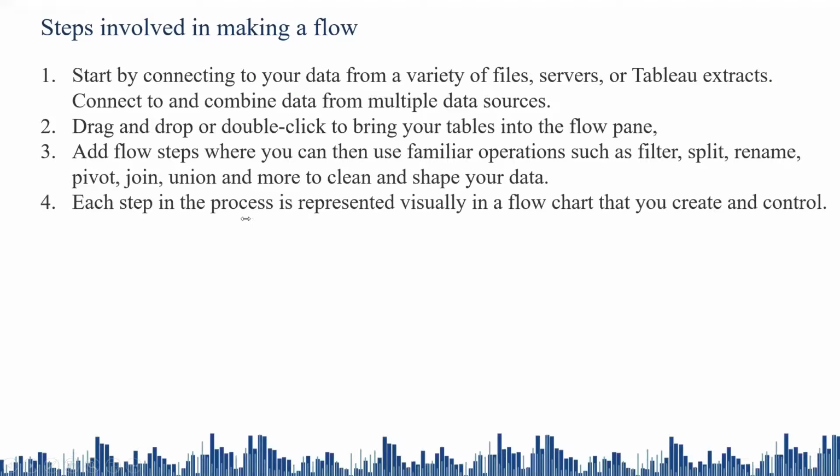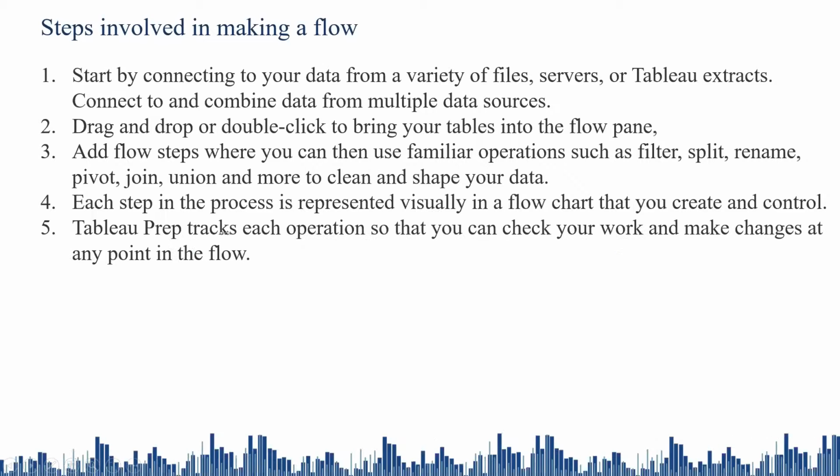Then, as I said, besides the connection pane, each step in this process is represented visually in the flowchart. This happens in the flow pane. Next, Tableau Prep tracks the operations so that you can check your work and make changes. These changes are reflected in the pane next to the connection pane, which you have seen.